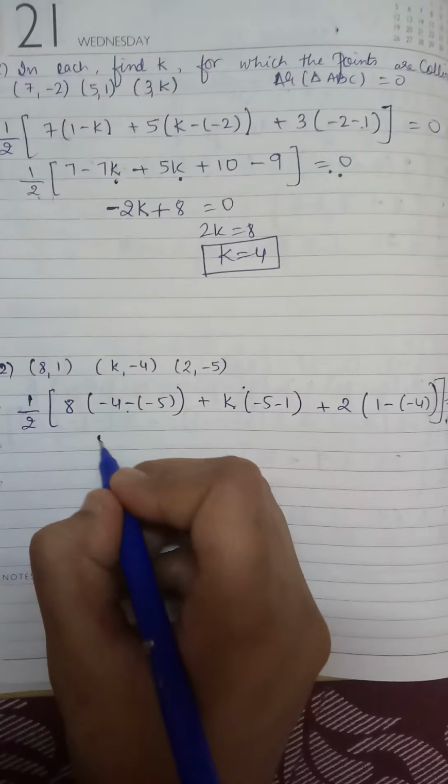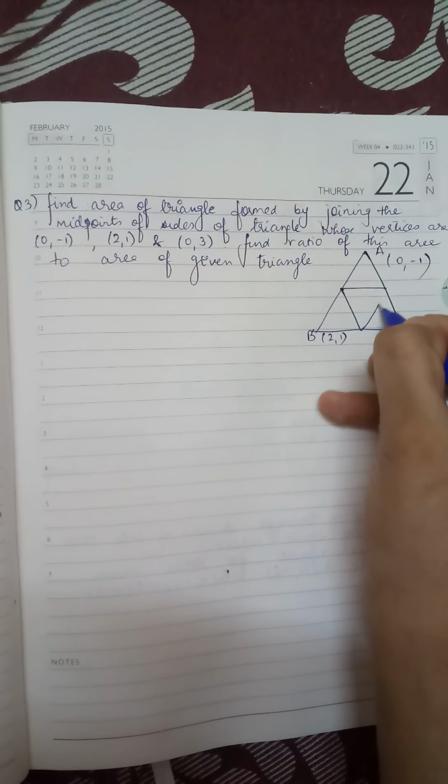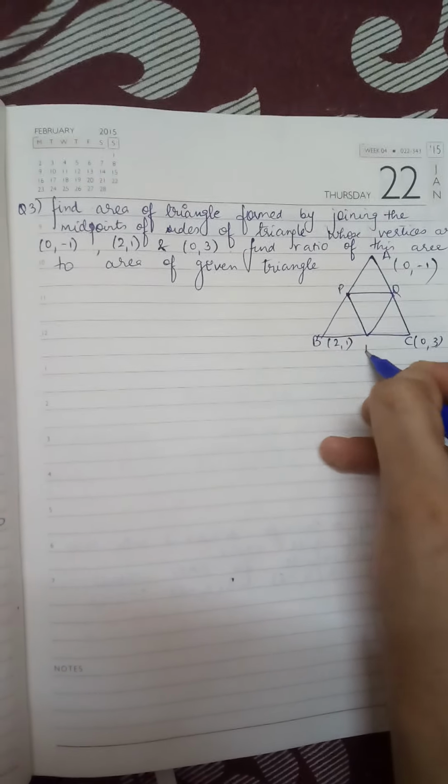Third question, find the area of the triangle formed by joining the midpoints of the sides of the triangle. The triangle is given, A, B and C: 0, minus 1, 2, 1 and 0, 3. We have to find the area of the triangle formed by joining the midpoints, that is PQR.